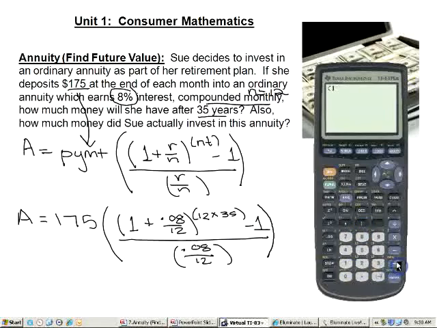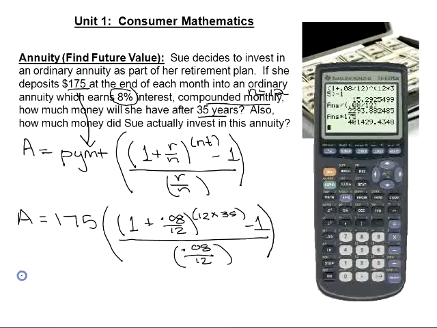So we're going to have parentheses 1 plus 0.08 divided by 12, close parentheses, raised to the parentheses 12 times 35, close parentheses, minus 1, enter, and then divide by parentheses, all these parentheses are very critical, 0.08 divided by 12, close parentheses, hit enter, and then multiply that by her monthly payment, which is $175 a month, enter.